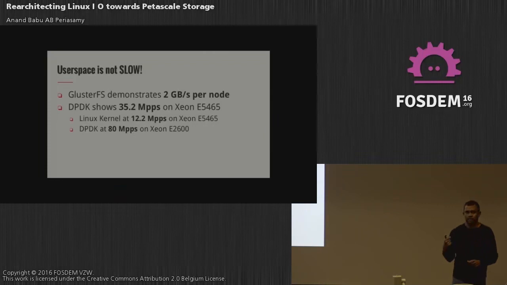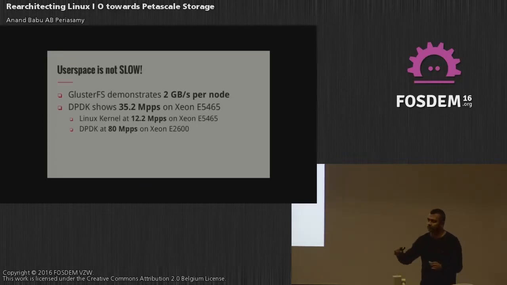This was around the early days of Gluster. We were able to break the idea that user space file systems are slow. We were able to demonstrate 2 gigabytes per second per node on a cluster. On a small cluster we were able to show a peak of 16 gigabytes per second throughput, each node giving around 2 gigabytes per second.